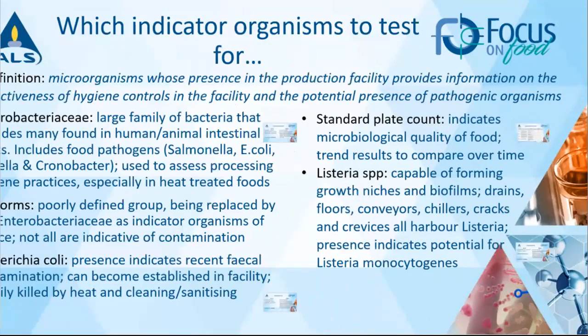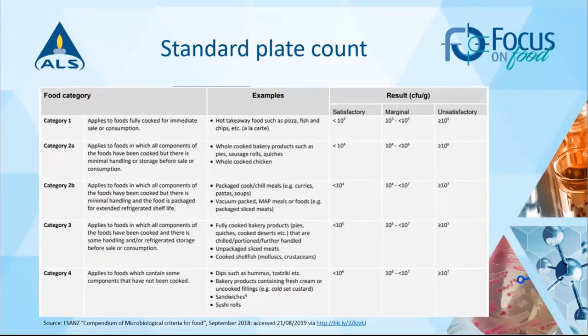Standard plate count, it's the most common microbiological test and indicates general microbiological quality of food or of a process or a facility. The best use of standard plate count is to trend results so that we can compare them over time.